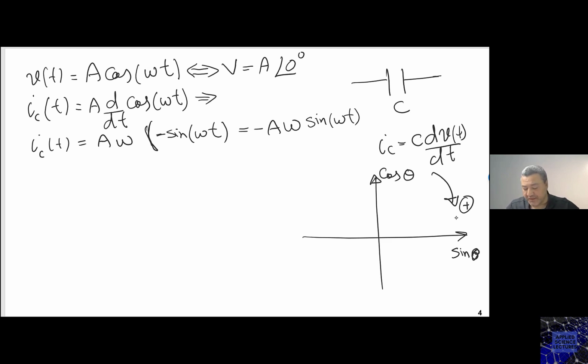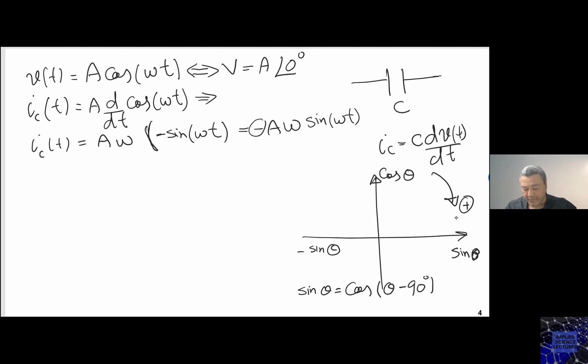So to go from sine theta into a cosine, this is going counterclockwise, so it is cosine of whatever angle I have minus 90 degrees, right? This is for sine. But what we have here is a minus sign, right? I have a minus sign.